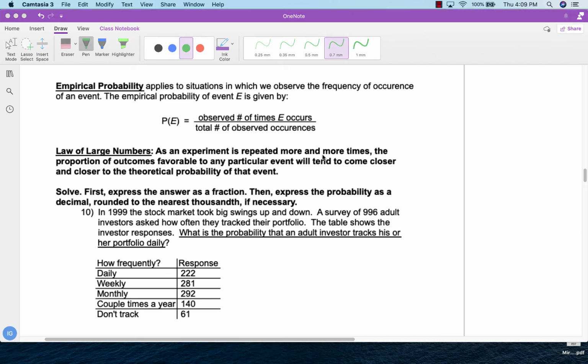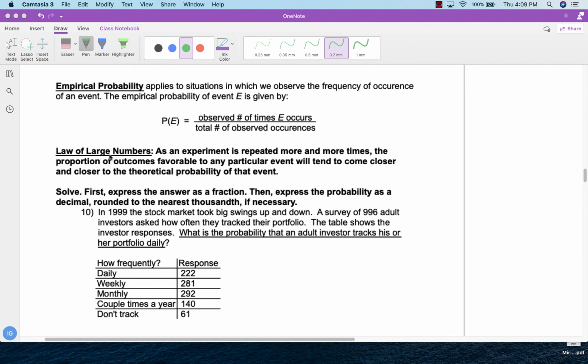So, empirical probability applies to situations in which we observe the frequency of occurrence of an event. The empirical probability of an event, E, is given by probability of E is equal to observed number of times E occurs over the total number of observed occurrences.